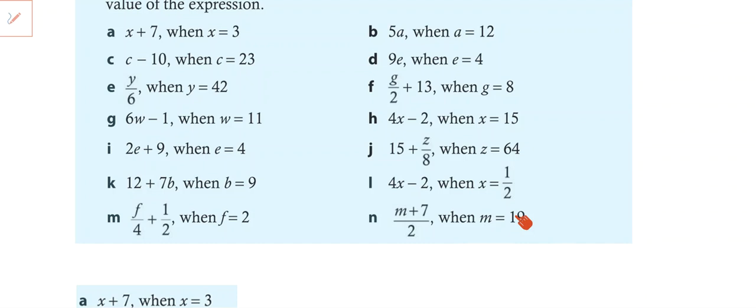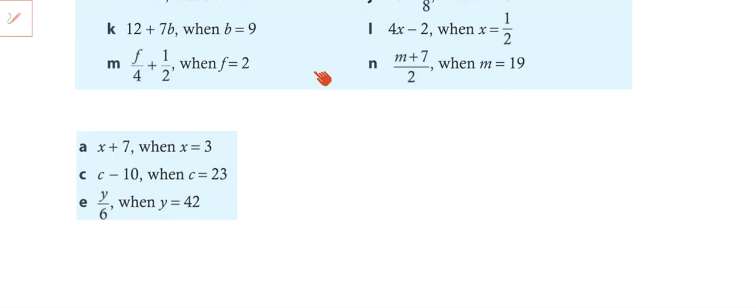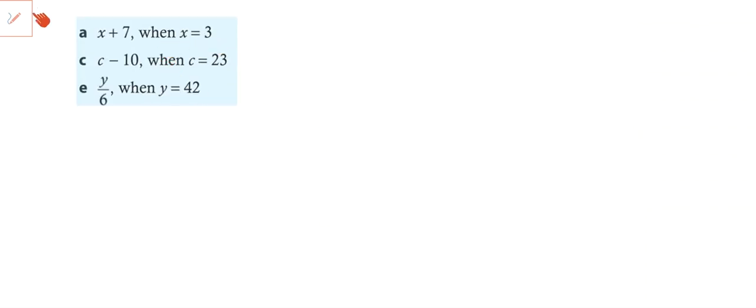But I like what Caden said there. x plus 7 means once you've decided what x is, you need to add 7 to it. So what they've done here is they have told you that x is 3. Is x always 3? Could it be something else? Yeah. But what does x plus 7 equal when x equals 10?